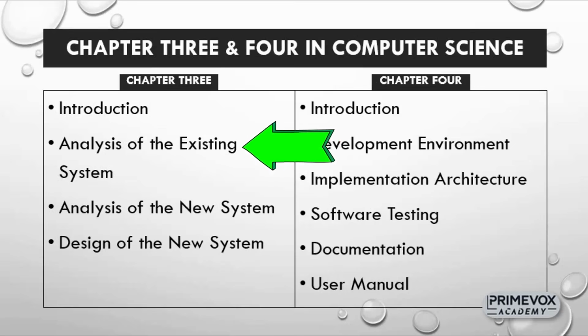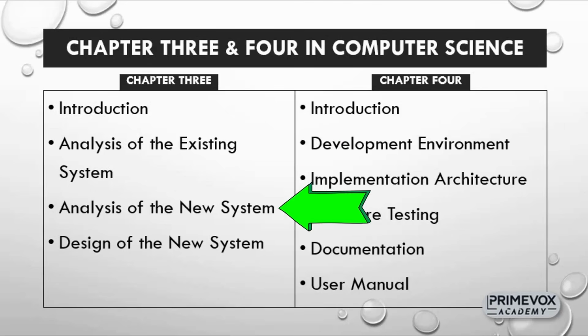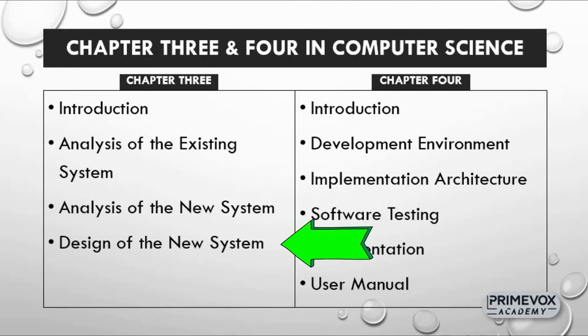For example, if they want to develop software where travelers will book transport online, you check what they normally did before. Do passengers come to the park and pay? So you analyze the existing system. Now you also analyze the new system. How are you going to implement the new system? After the analysis, you design your new system. These are the things you do in chapter 3.